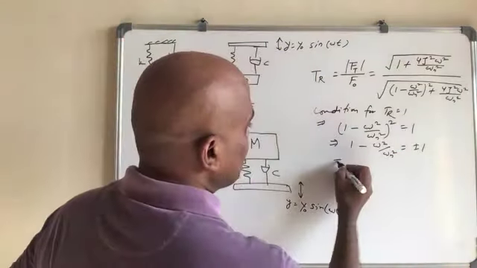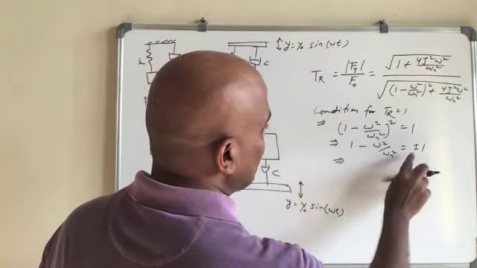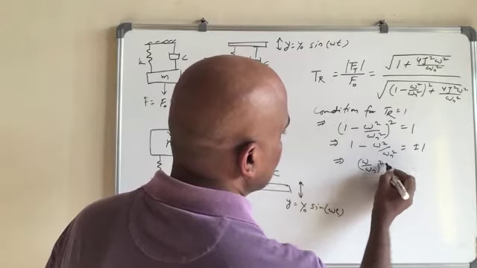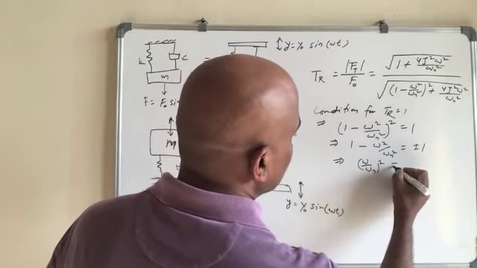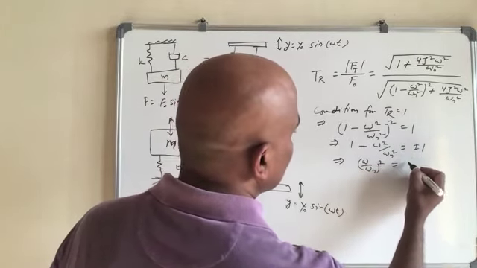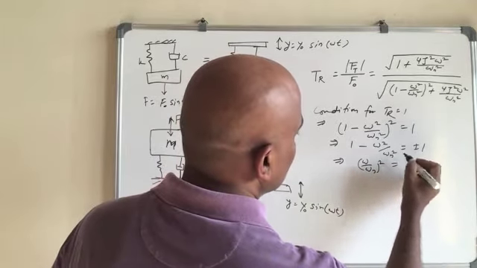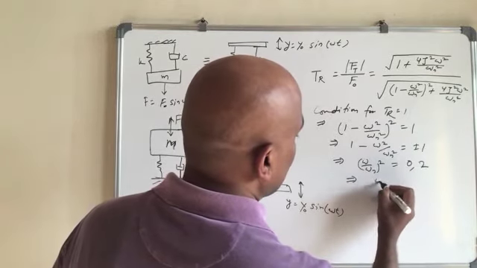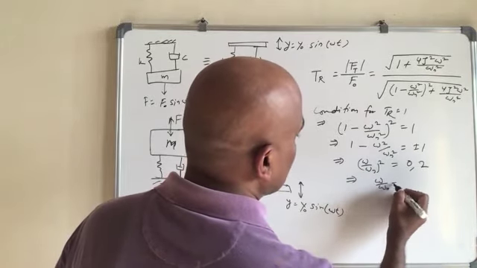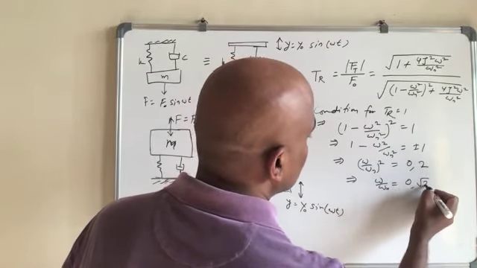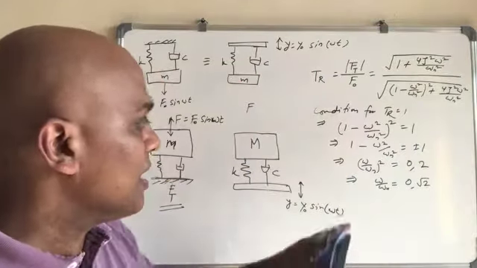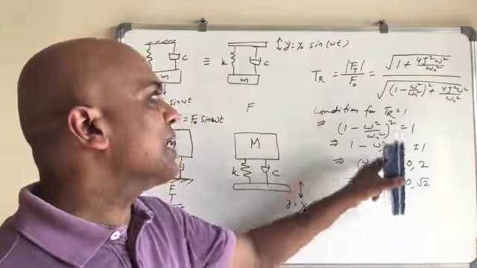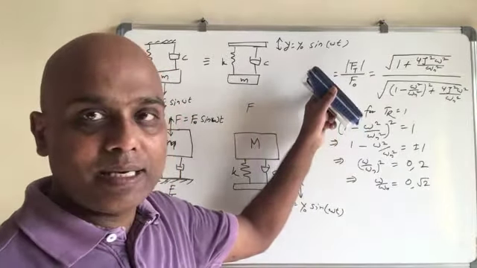So that really means we get omega over omega n square equal to either 1 minus 1, which is 0, or 2. So omega over omega n equal to either 0 or root 2. What we know from here is when omega over omega n equals 0 and root 2, we get exactly transmissibility equal to 1.